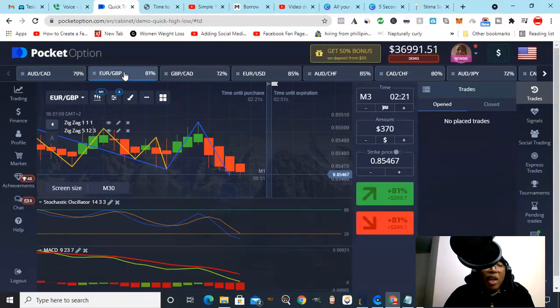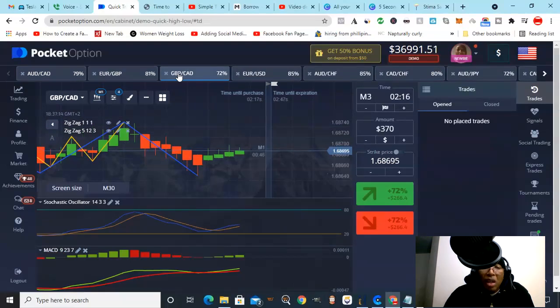This is choppy and kind of very low momentum in the markets today at this time of the day. You can see these are facing up. These are facing up. So we can jump in here for 3 minutes and see what happens. It's not the very best setup I would like to show you guys because it's really choppy.